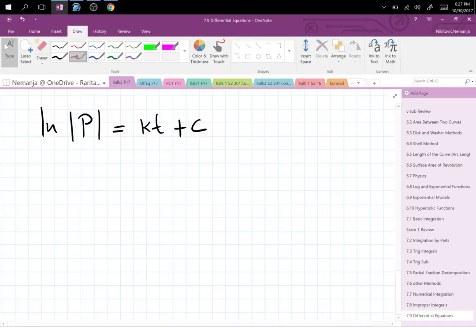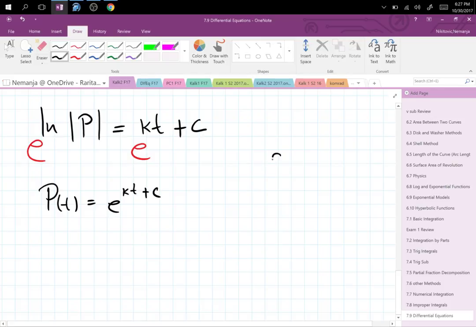We are going to exponentiate both sides to get p alone, and now I'm going to write it as p of t, right? Because it's a population in time. Yeah, it changes in time. On the other side, you have e to the kt plus c. And if you recall your algebra, a to the m times a to the n is a to the m plus n.